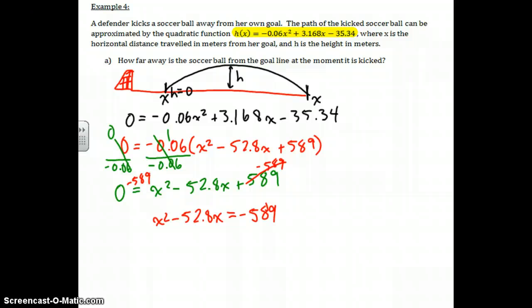First step in completing the square is to group these two terms. We group them and take anything out from in front of the x squared. There isn't anything in front of the x squared here. So then we go to the b term, the term in front of the x, so negative 52.8 divided by 2, which is negative 26.4. We square that, which works out to be 696.96.